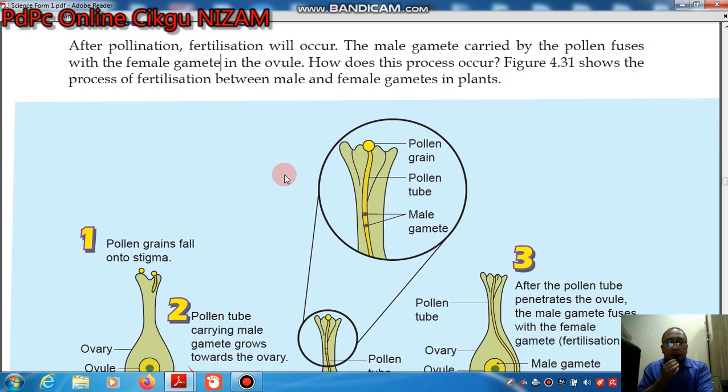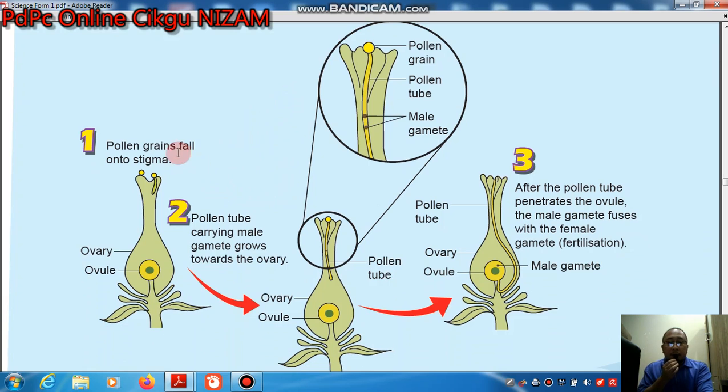We can see from the diagram given here, after the process of pollination, in which the pollen grain falls onto the stigma, what will happen next is a pollen tube will be produced, and this pollen tube will grow through the style, and then it will bring along male gametes.